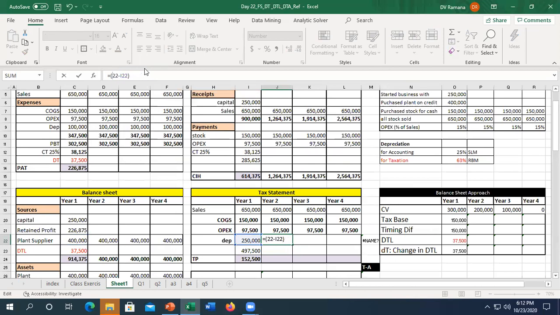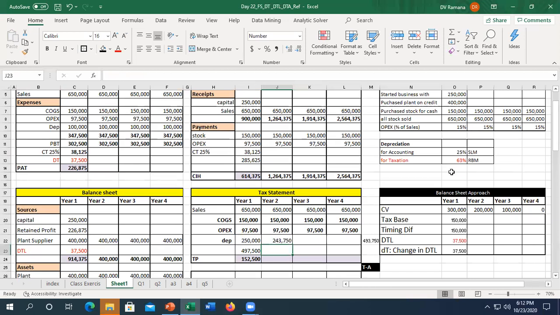Let me put that once again. Depreciation for tax is equal to 400 minus the last year's depreciation, into the rate, because the depreciation will be charged on the reduced balance. So that is 243,000 for the purpose of taxation.